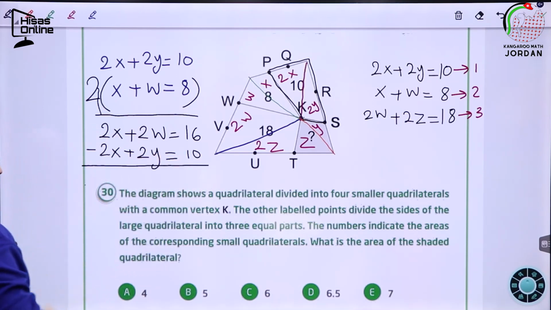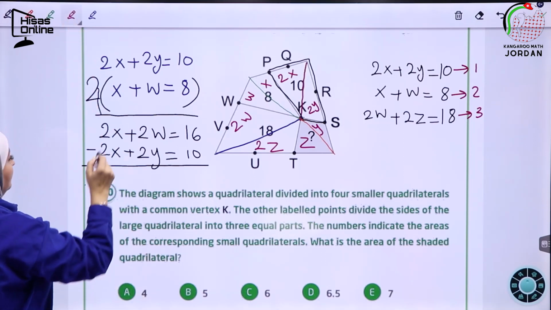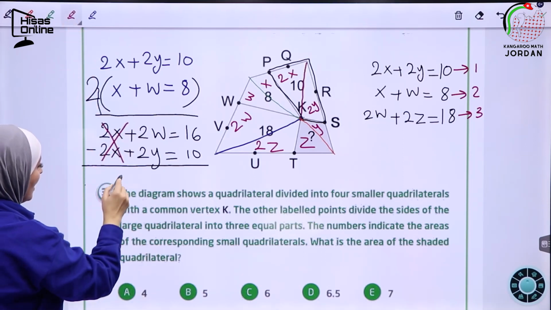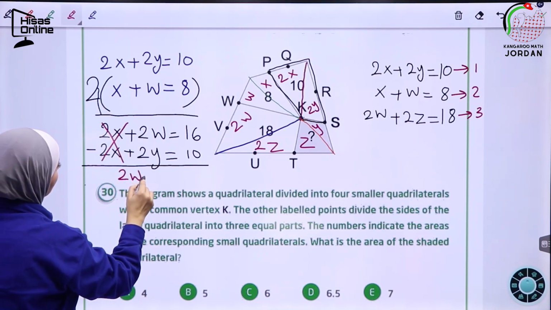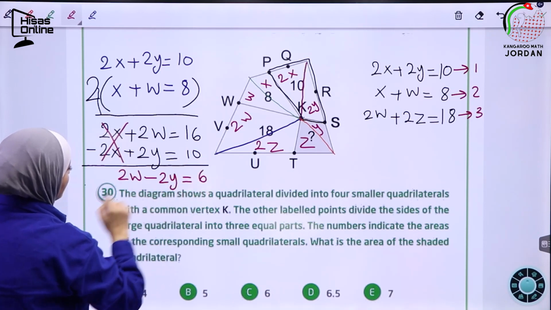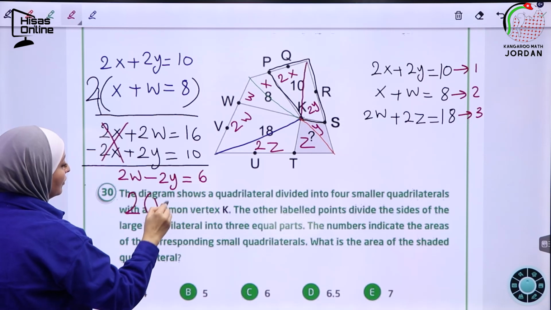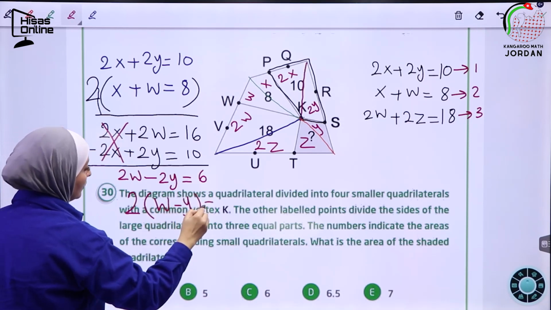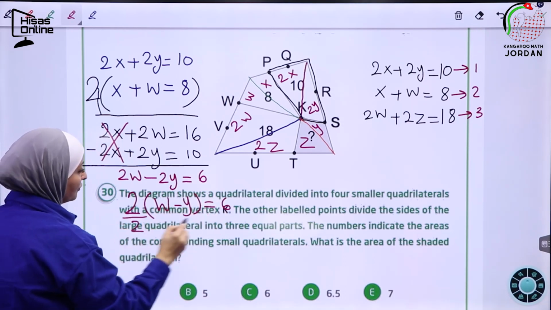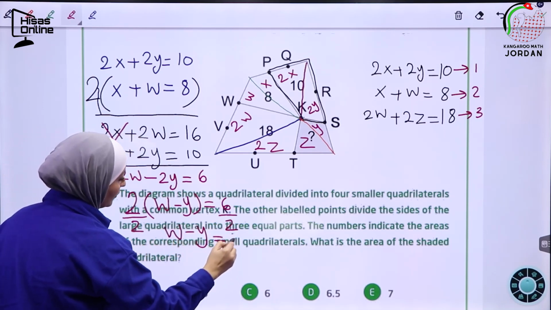If we subtract these two equations, I will get rid of the x. So we have 2w minus 2y equals 6. Let's take out the 2 as a common factor. Divide by 2, divide by 2. So w minus y equals 3.